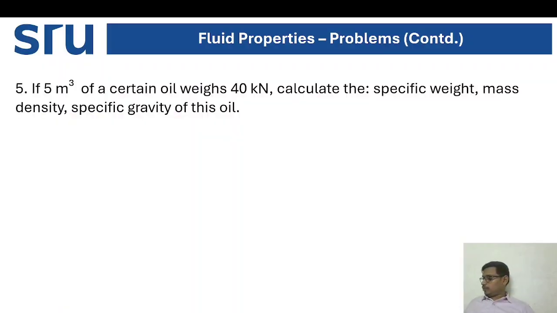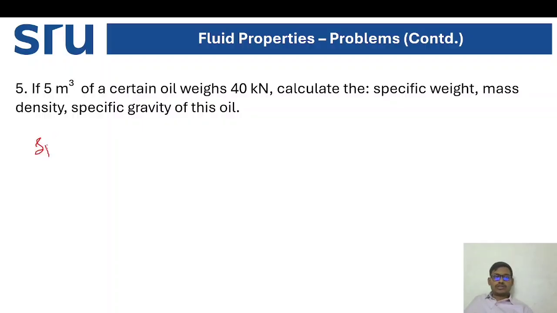So next, one more problem which is a similar kind of problem, we will try to solve it. A 5 meter cube of a certain oil weighs 40 kilonewtons. Calculate the specific weight, mass density, and specific gravity of this oil.